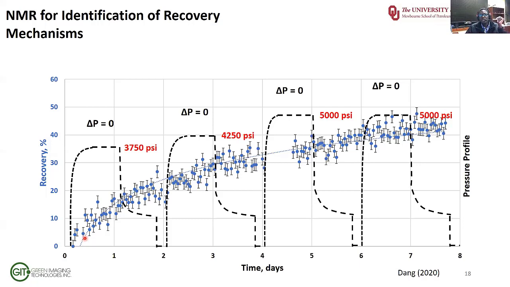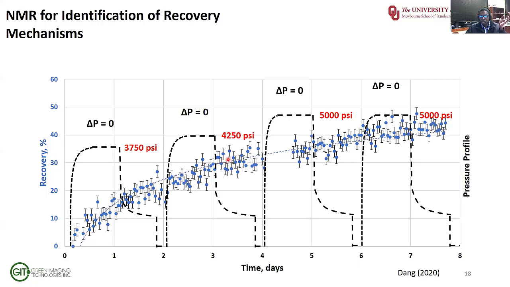But now what we see is that the production happens even during the injection phase. In the soaking phase, we are still producing, and during the production phase, we are producing. But more interestingly, even in these three different phases, the trend does not change. We are still producing along the same trend.